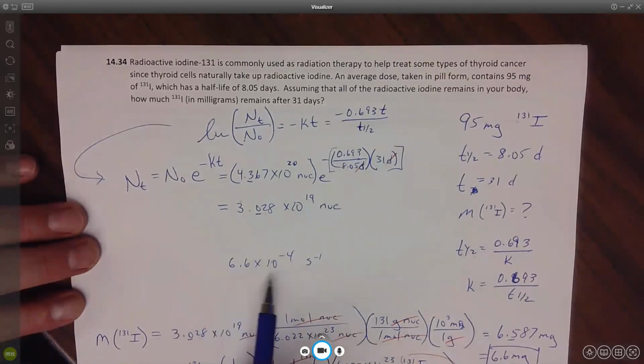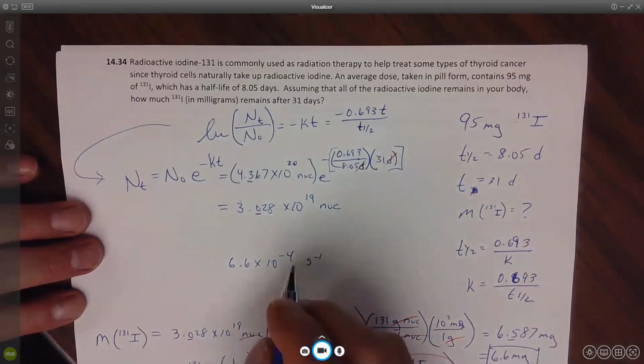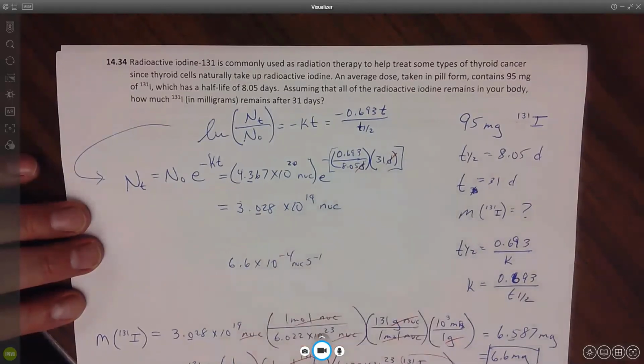What would this represent? What variable would this represent? Again, this is why it's so important to look at the numbers. You got to know what variable you're talking about. So this is actually, which we don't usually put, but we could say this is nuclei per second. What variables have these kind of units? Rate constants do.